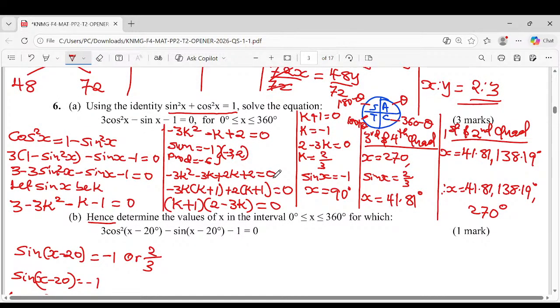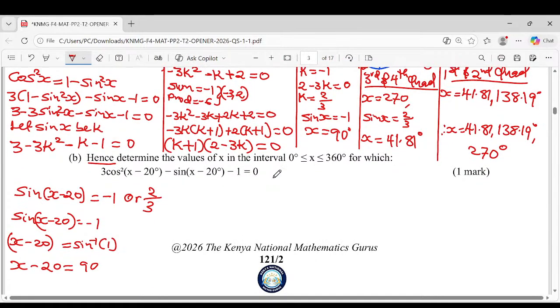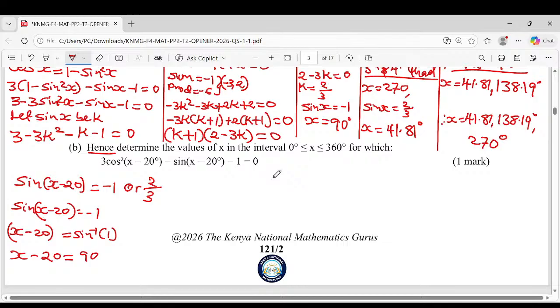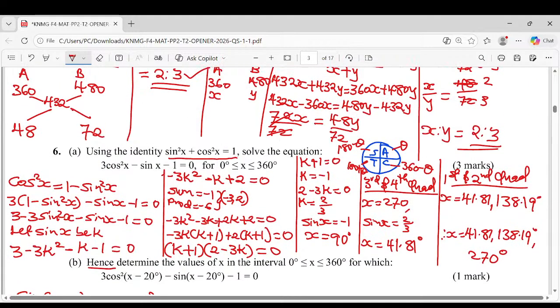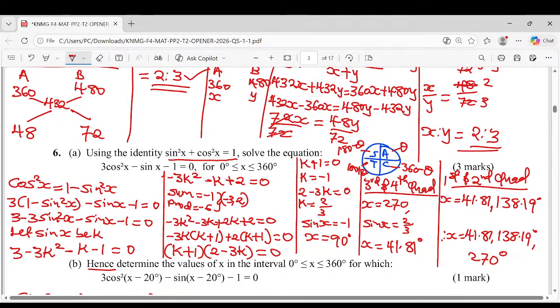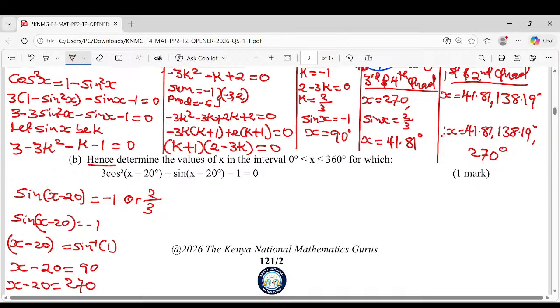Sine is negative in the third quadrant, and in the third quadrant it is 180 plus theta. So when I take 180 plus theta, I get x minus 20 being equivalent to 270. Also in the fourth quadrant it is 360 minus theta.